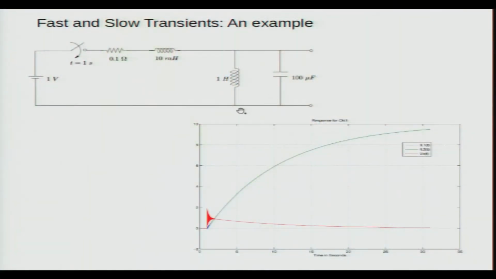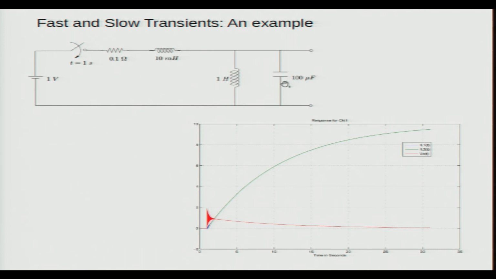For example, there is a system which has a resistor of 0.1 ohm and 10 millihenry, and there is a large inductance of 1 henry and a capacitor of 100 microfarad.